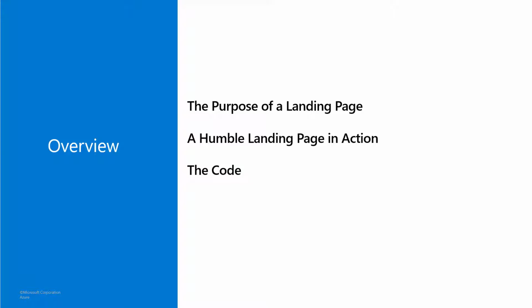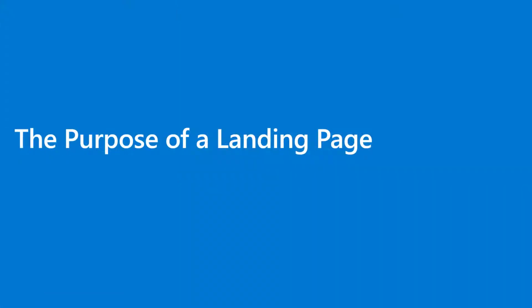There's not much code there because there's not much functionality to the very simple landing page that we've built as a demo. And then finally, we'll look at all the data you get access to should you want to display it on your landing page and make a much more sophisticated landing page than the one that we're going to work with today.